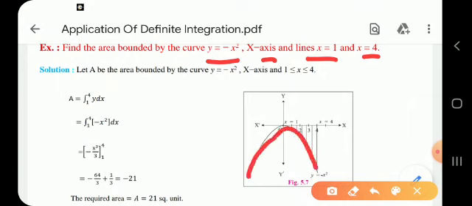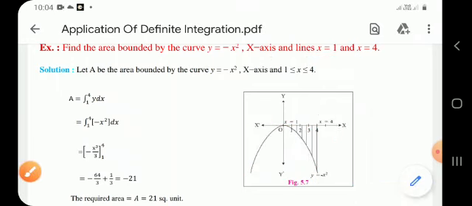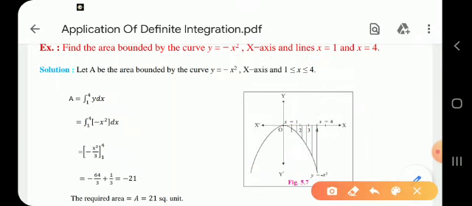Here is our x-axis. Then given x is equal to 1 and x is equal to 4, these two lines. x is equal to 1 is here and x is equal to 4 is here. So this shaded portion is the area we have to find.